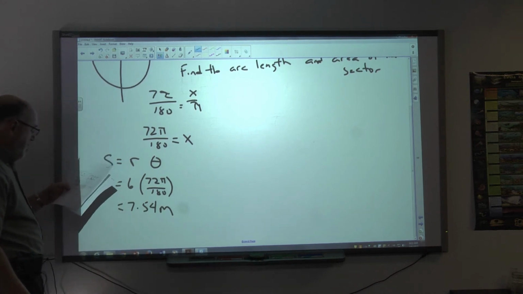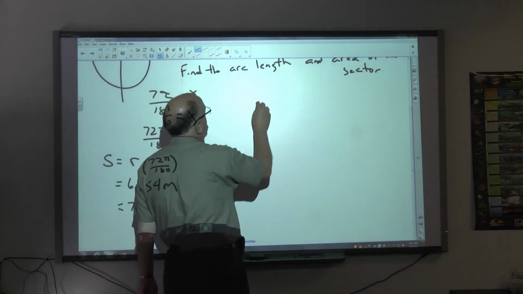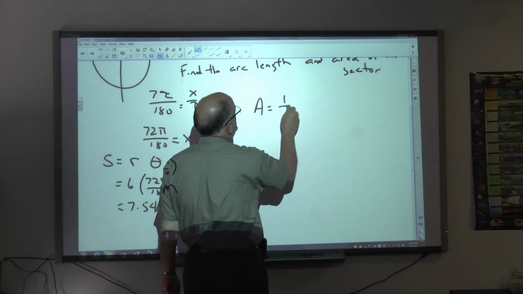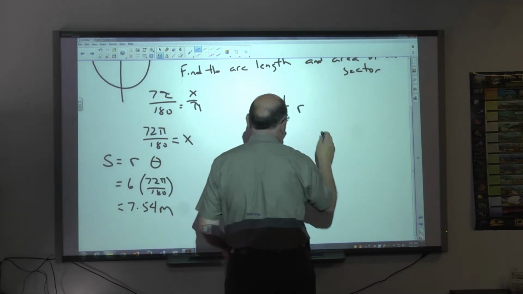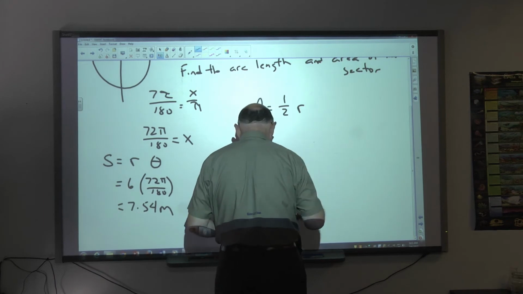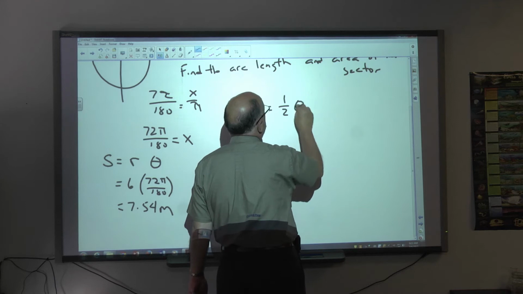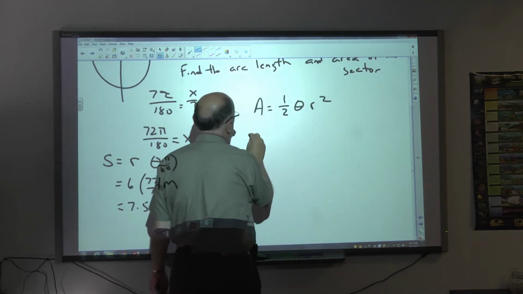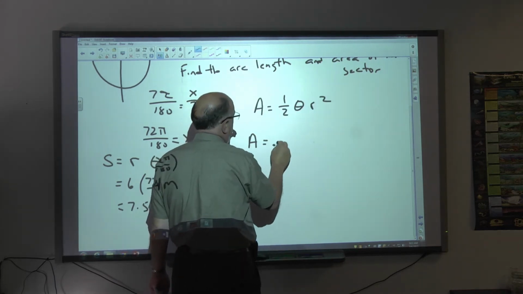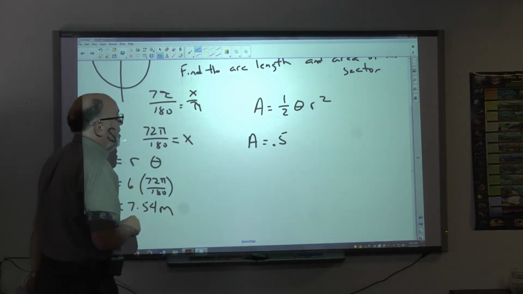And then we want to find out the area. And so we said the area is given by 1/2 r squared theta. Same way I had it before. 1/2 theta r squared. And so the area, 1/2 is the same as 0.5, which might be easier to plug in on the calculator.